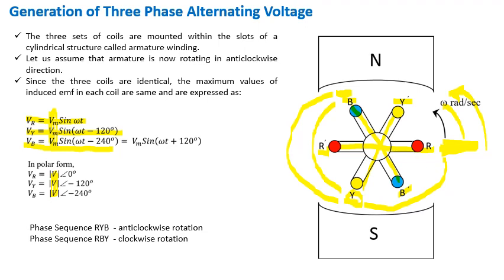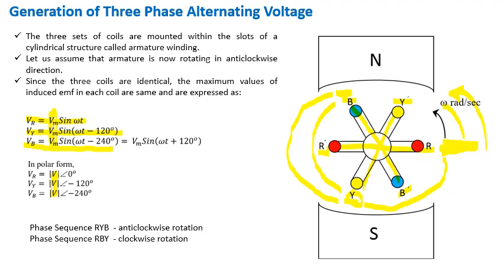All these rotor conductors, rotor coils, or armature coils are kept in the slots of the rotor. These slots are on the outer periphery of the rotor. In case of a small generator, the magnetic field is stationary, whereas the armature or rotor winding is kept rotating.